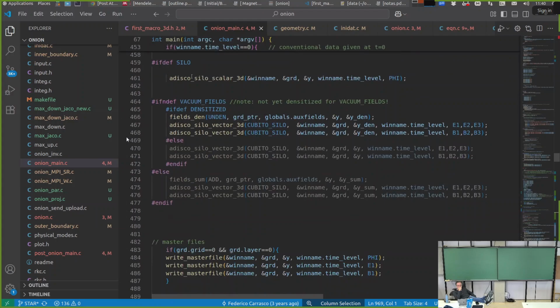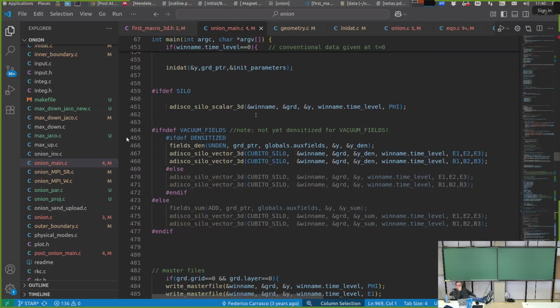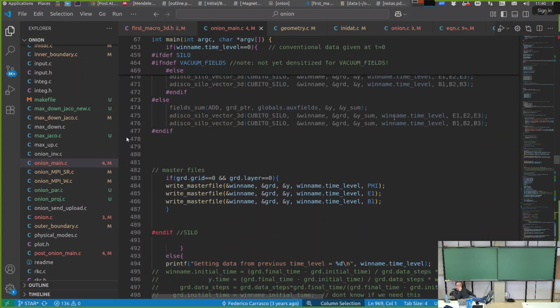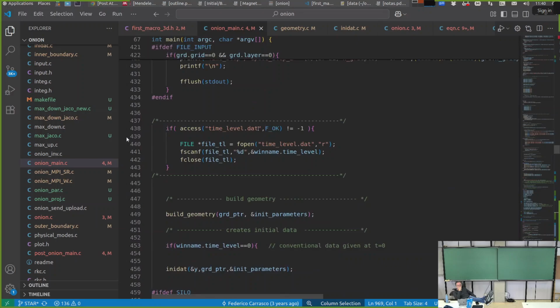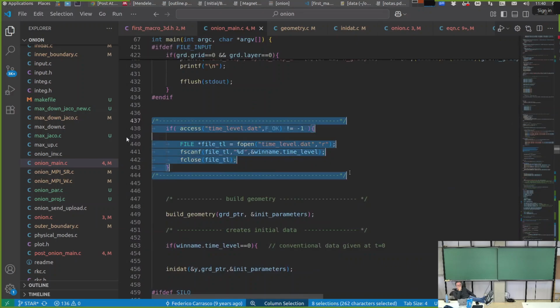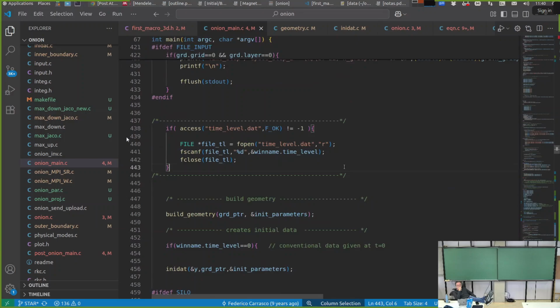So, for instance, there is a first writing in the output on the silo files for this case. So this block is an interesting idea.